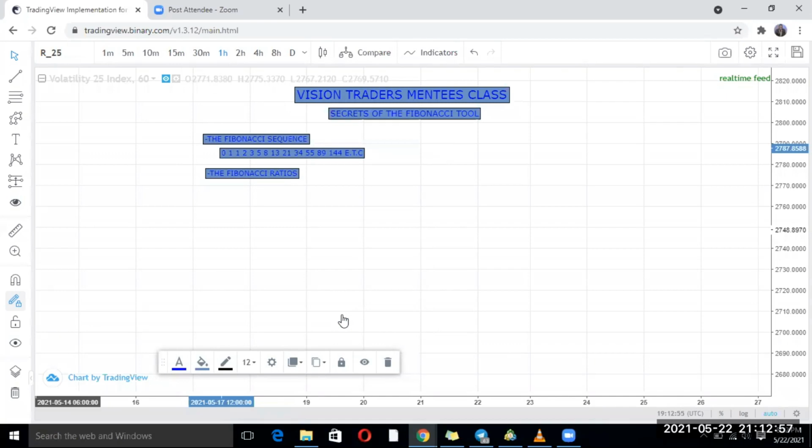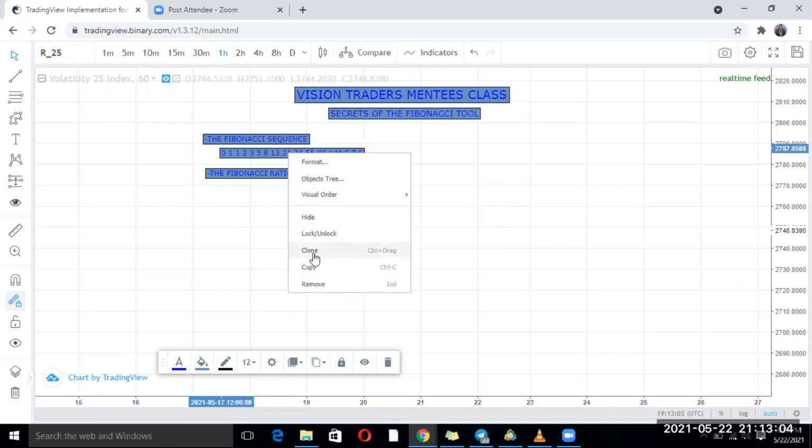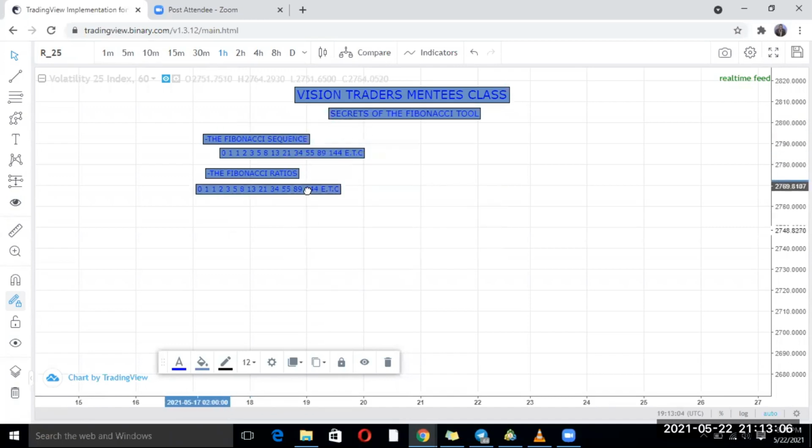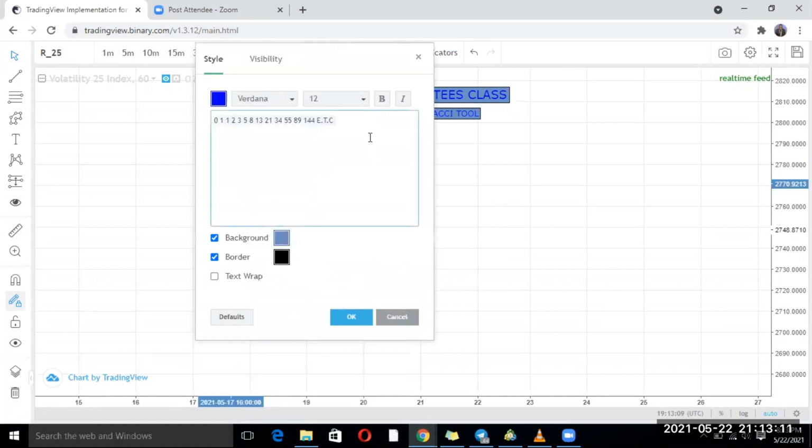Now, like I said, we have the Fibonacci ratios. Let me clone this so that I can edit easily. We have 0, then from our Fibonacci tool, 23.6. Don't forget all are in percentage.